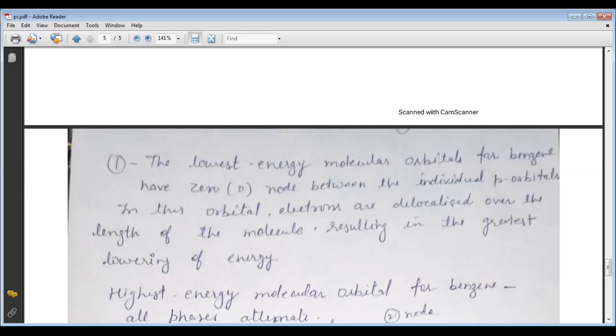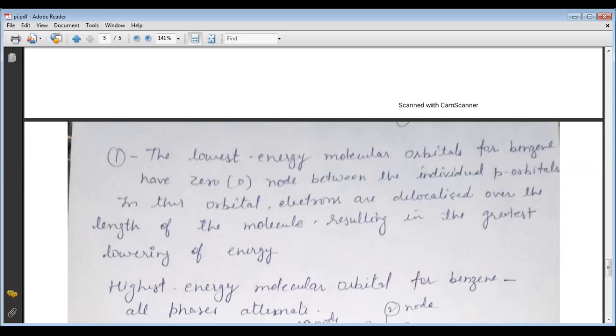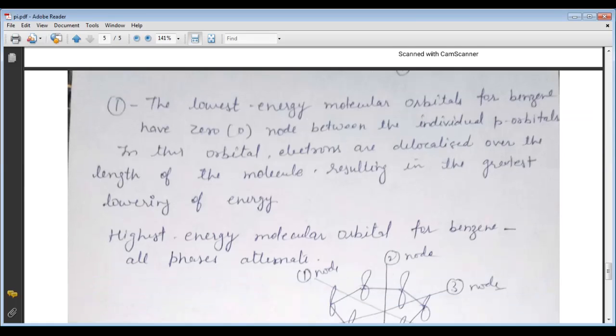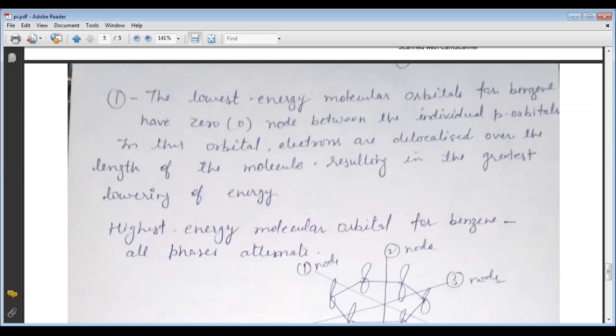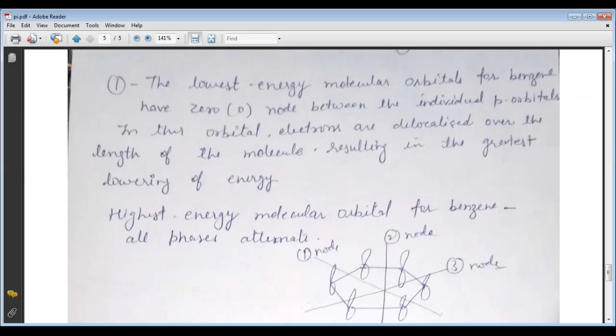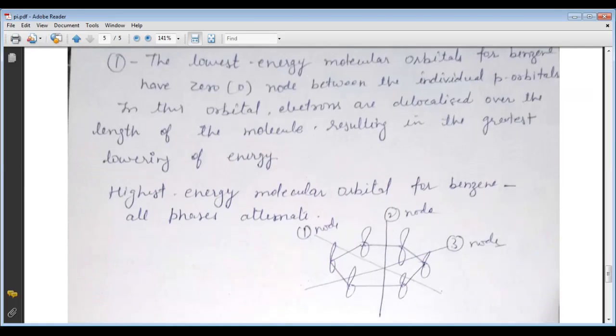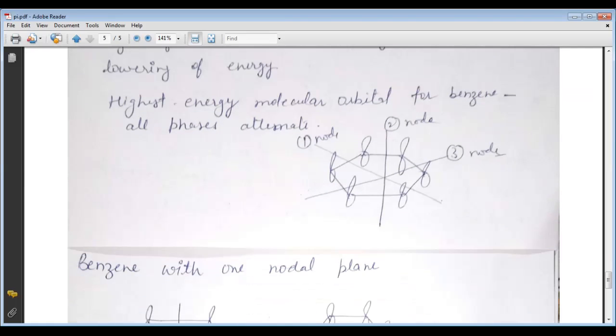That is the lowest energy molecular orbital for the benzene, which has the zero node between the individual p orbitals. So in this orbital, electrons are delocalized over the length of the molecule, resulting in the greatest lowering of the energy. Okay, and here we can see that in this there are the 3 nodes present. So सबसे ज़्यादा energy यहाँ पे होगी, that is the highest energy molecular orbital for benzene, and all phases are alternate here.